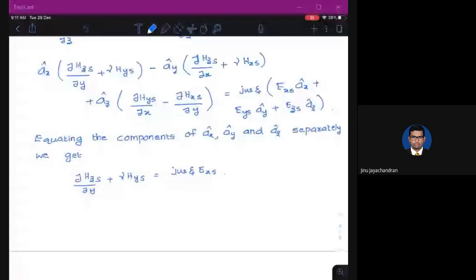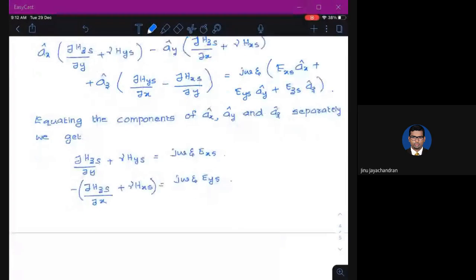Similarly, minus dou HZS by dou X plus gamma HXS is equal to j omega epsilon EYS. And at the last, dou HYS by dou X minus dou HXS by dou Y is equal to j omega epsilon EZS. Let's number the equations. This would be equation number 5, equation number 6, and equation number 7.